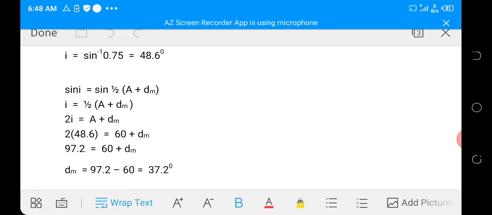Then to get the angle of minimum deviation, we apply the fact that sine i is equal to sine half into (A plus dm). Substituting all the values we know and making dm the subject of the formula, we have dm to be 37.2 degrees.